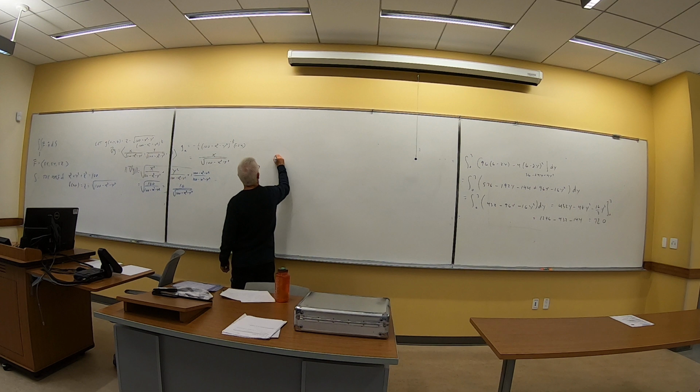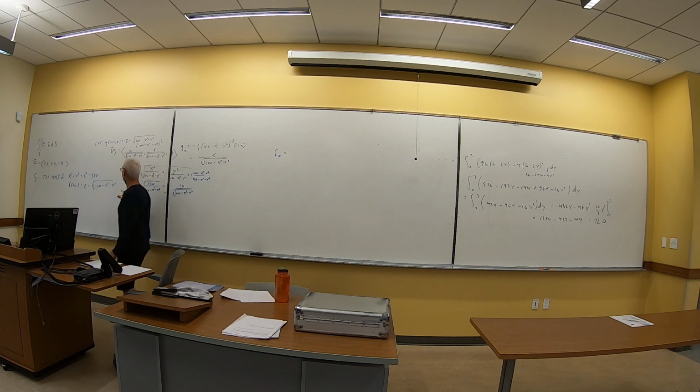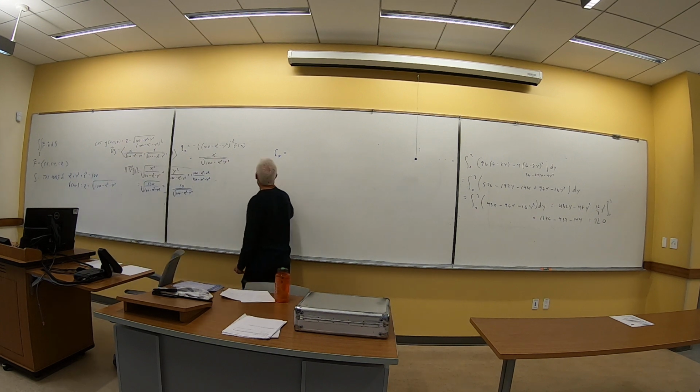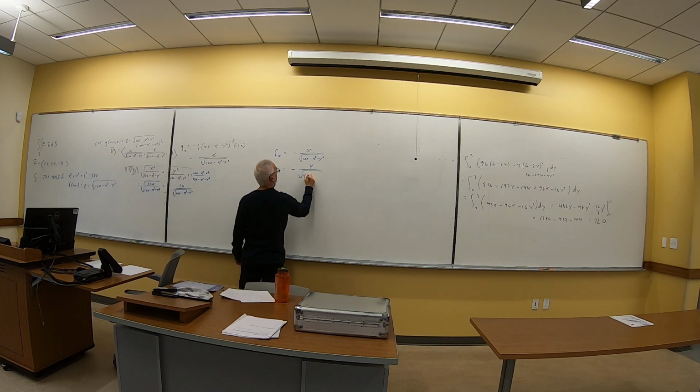So, fx, we've just done something similar to this. When I take the partial with respect to x, that is definitely going to be negative. That's going to be negative x over the square root of 100 minus x squared minus y squared. Fy is going to be negative y over the square root of 100 minus x squared minus y squared.